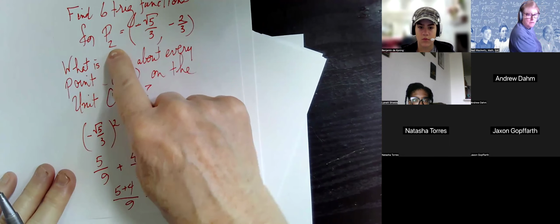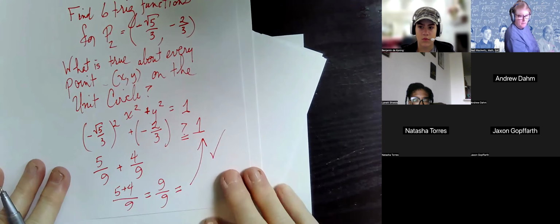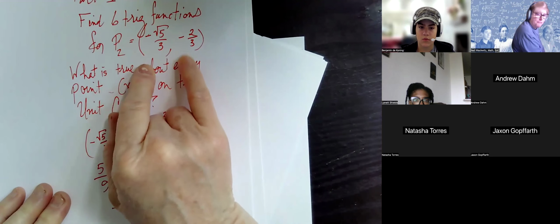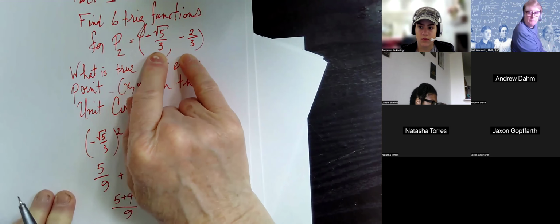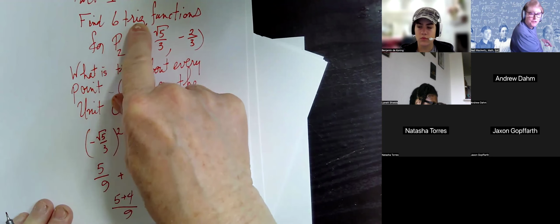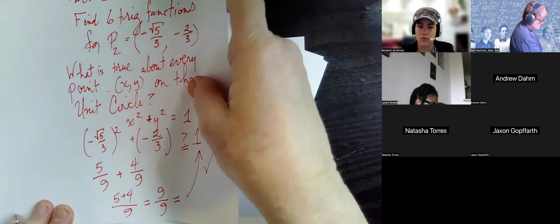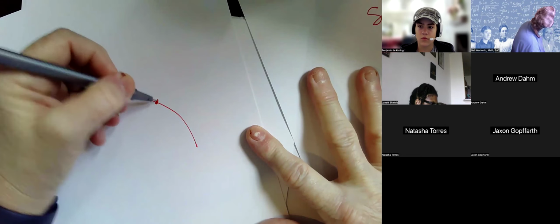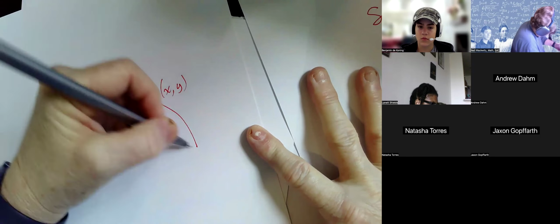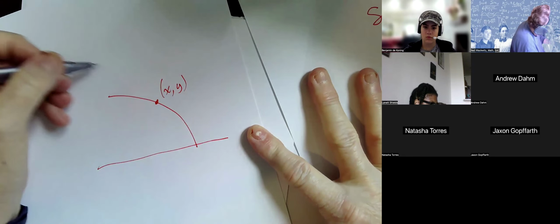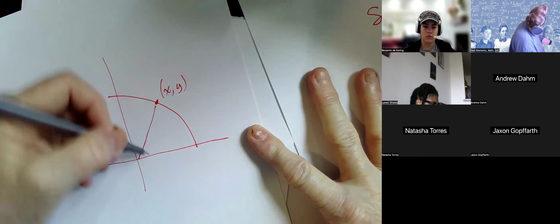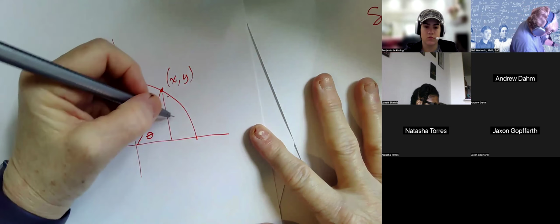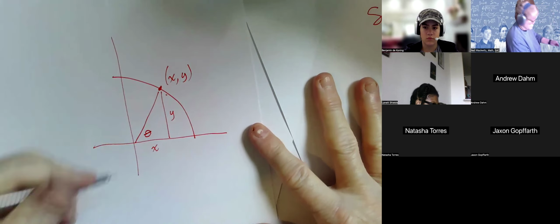Okay, so now I know Sir Ralph knows how to do this part, but this is part of what we're going to look at today, so it's fun. If we know a point on the unit circle, how can we figure out what the 6 trig functions are? And the thing we're using is this triangle.